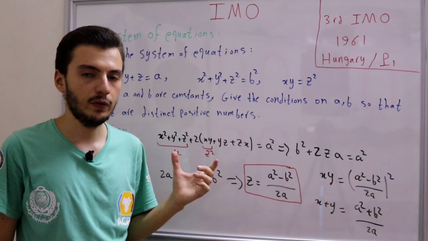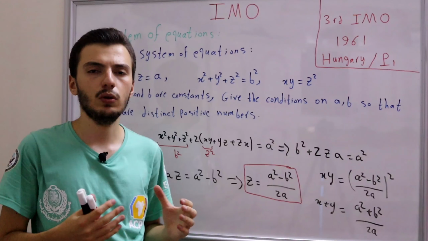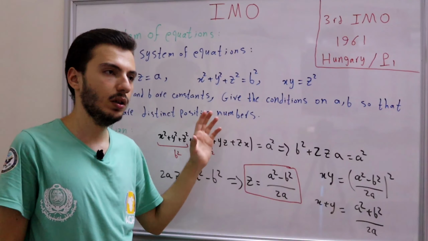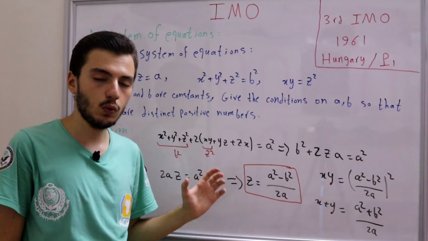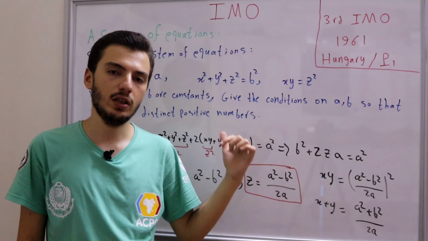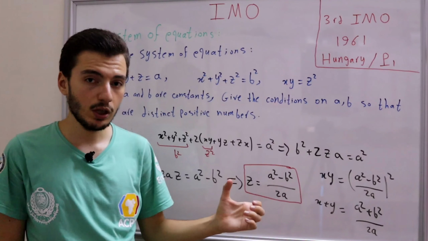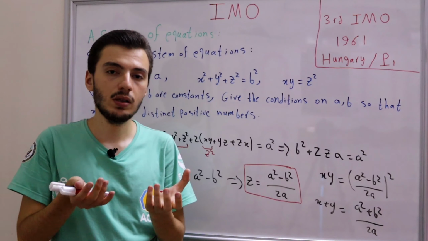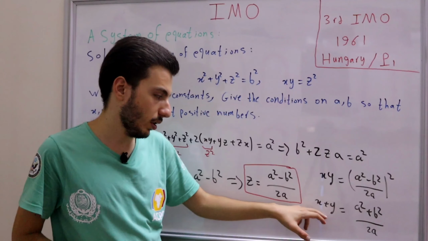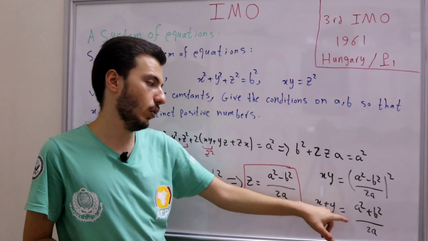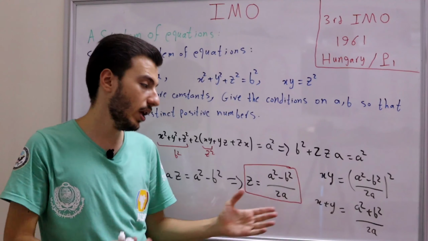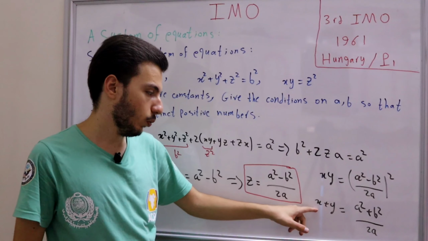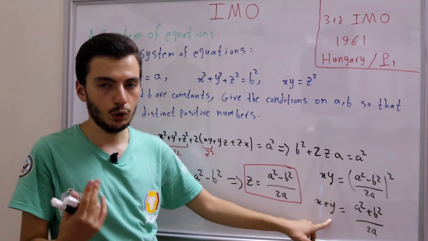If we have a simple quadratic equation with two roots x1 and x2, then x1 plus x2 is equal to minus b over a, and x1 times x2 is c over a. So if you know the sum and the product of two numbers, you can create a quadratic equation where x and y are the two solutions of this equation.